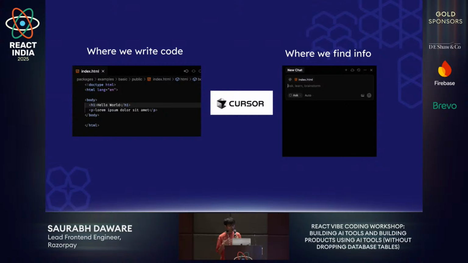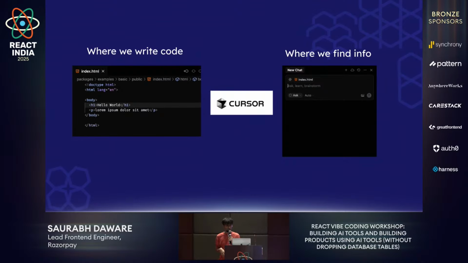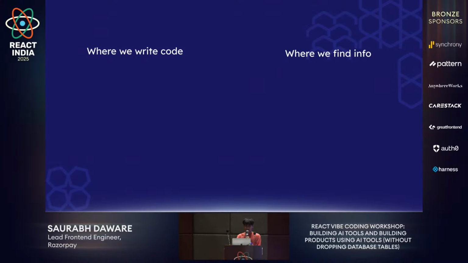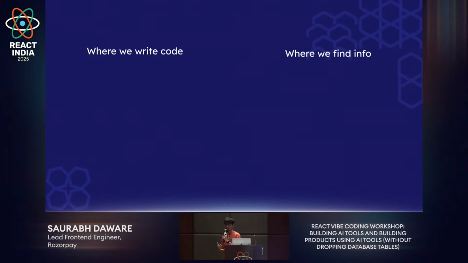Cursor came in, and we sort of had a ChatGPT version in our editors itself. So we were still writing code in one place, and getting information from the agents or ask mode in VS Code or Cursor. So far, we're still following the same mental model. And nobody had to take a workshop on why you should use ChatGPT, because it was a natural change for you.